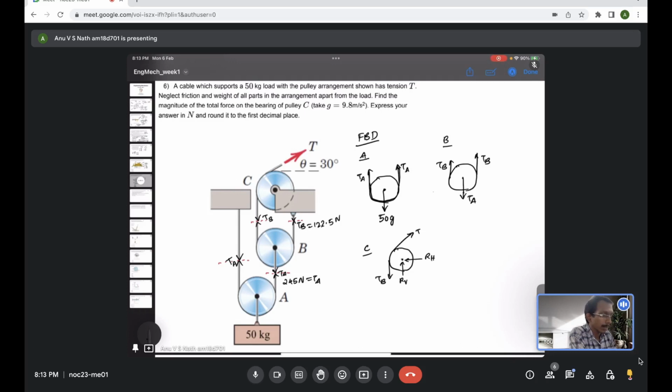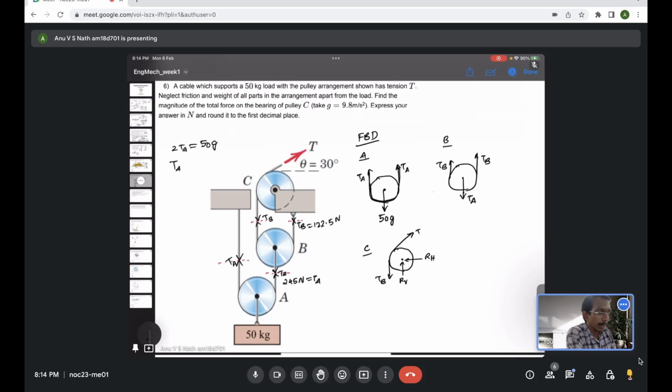So now we start from the first body, or first pulley, which is A. For equilibrium, there are no horizontal forces, only vertical forces. TA are acting upward, and 50G is acting downward. So for equilibrium, the total upward force, which is 2 times TA, should be equal to the total downward force, 50 times G. I am not writing the formal sigma Fy equal to 0; it's pretty obvious that the upward forces should balance the downward force.